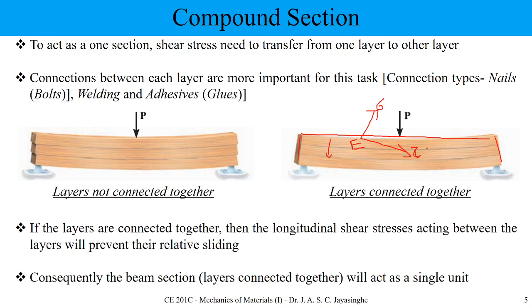To make this happen, we need to stop relative sliding. So to stop relative sliding, we are introducing connection between these layers. Here we discussed three types of connection: nail, weld and glue connections.